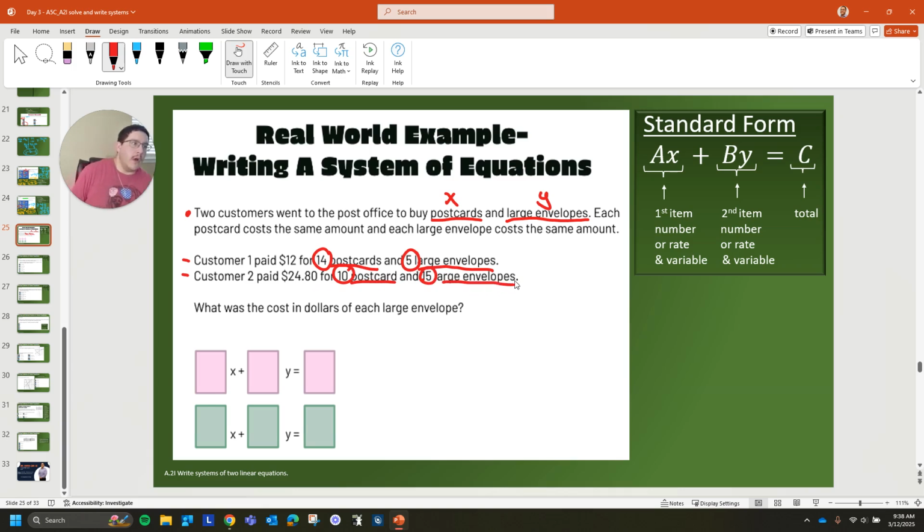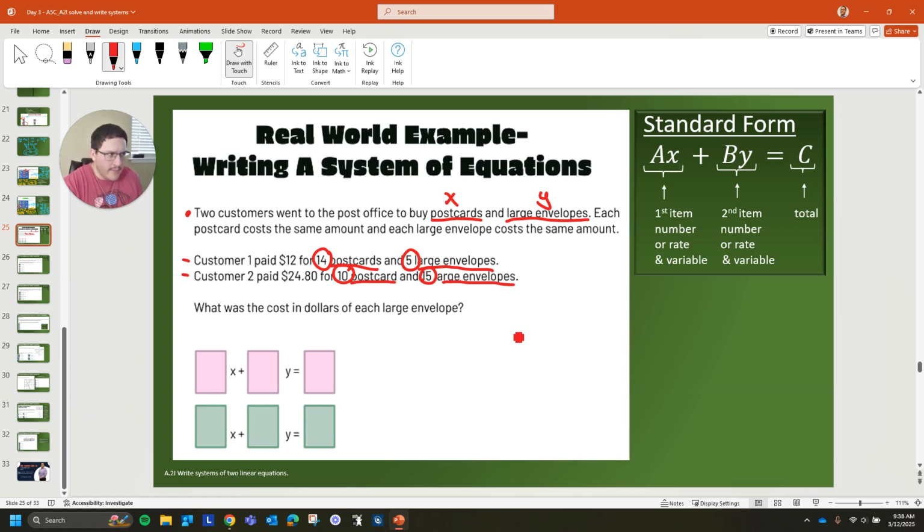So one thing that I want to make a skill of is being able to translate the English to math. Starting with customer 1, how can I translate all of that English into a math equation? Well, customer 1 paid $12 for 14 postcards and 5 envelopes.